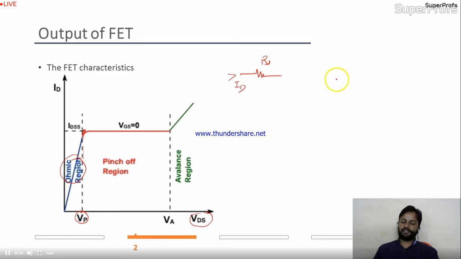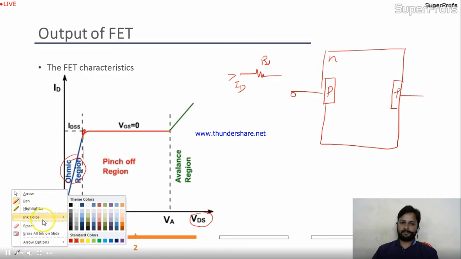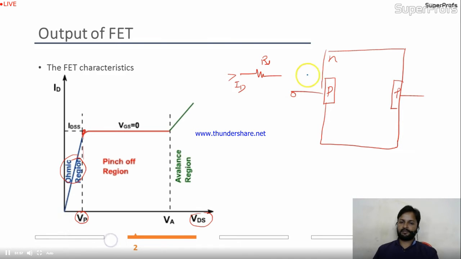At pinch-off, the depletion layers will be, see, this is the gate. Let me draw it over here. This is P, the gate terminal. This is the N channel. They are making some depletion layers like this.